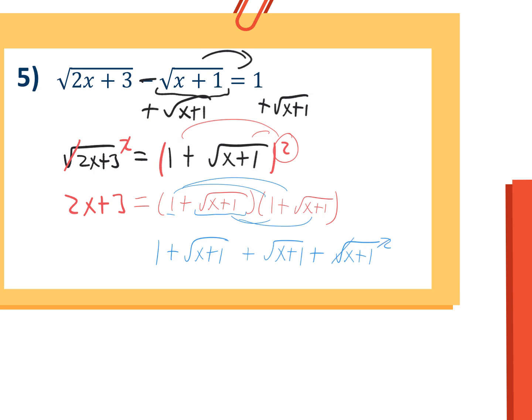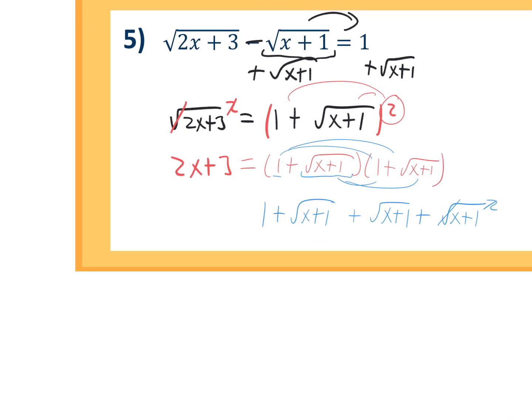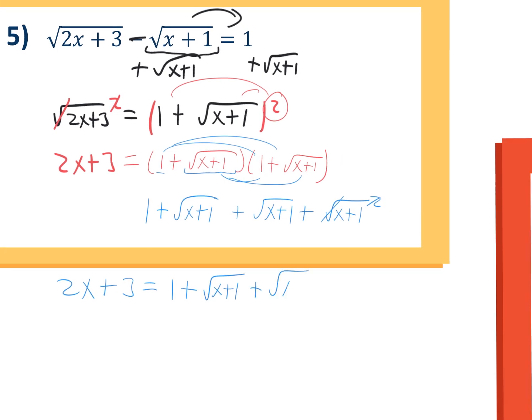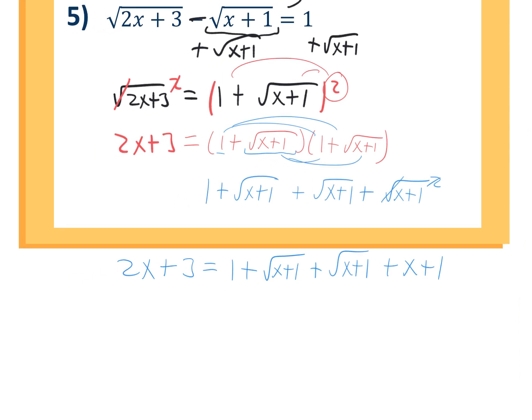So I'm going to go ahead and rewrite this. It's going to be 2x plus 3 equals 1 plus the square root of x plus 1 plus the square root of x plus 1 plus, since the square root goes away, we get x plus 1. If you recognize that from the jump, you didn't have to write it twice like I did, but if you like seeing every single step, that's what I'm doing this for.